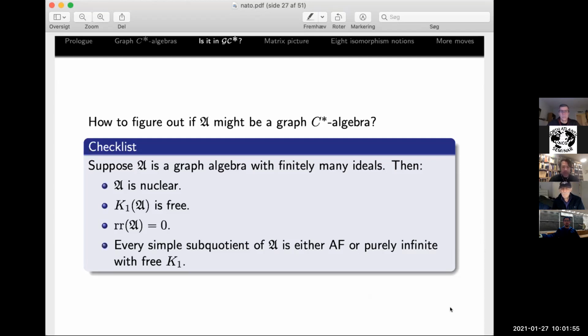Another thing is that K1 has to be free. It's the kernel of a certain map, so that's why it's going to be free. If there's only finitely many ideals, then the real rank has to be 0. And actually, every simple subquotient is going to be a graph algebra, so it's either AF or purely infinite with free K1. So there's various things that can go wrong.